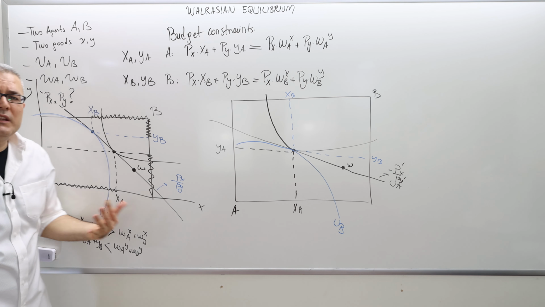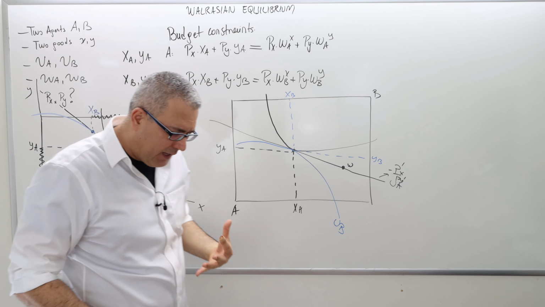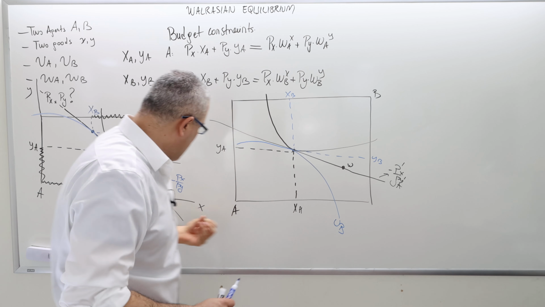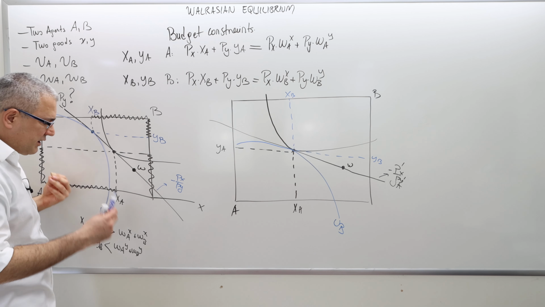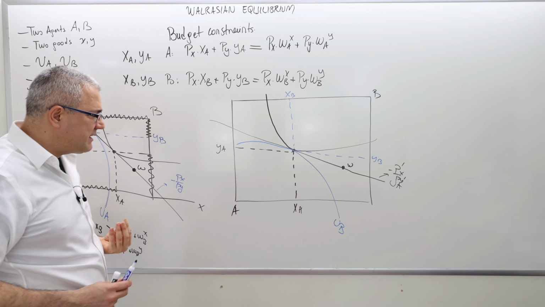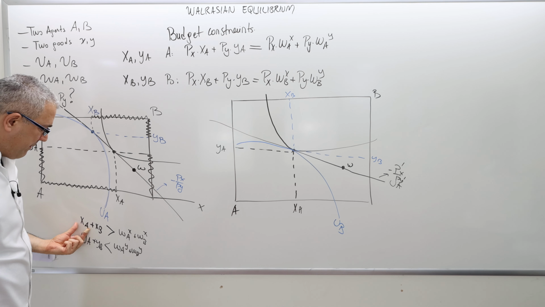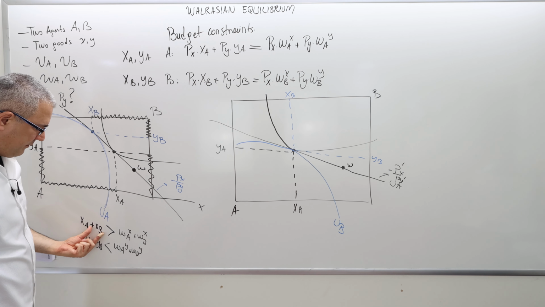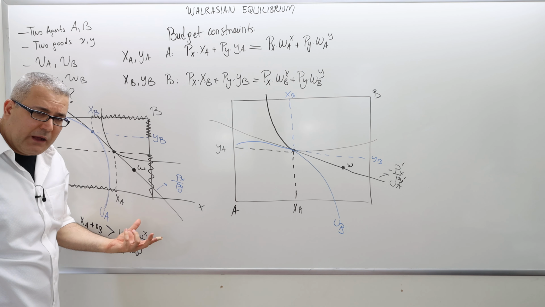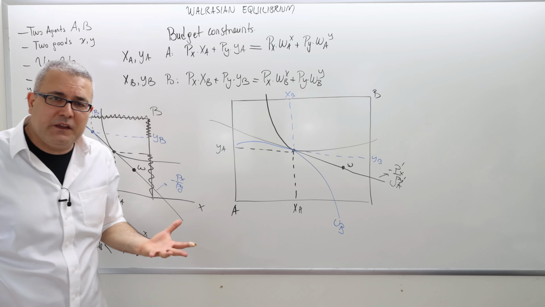So the markets will not clear. We assume that the agents are going to make a trade in such a way that the market will clear. What does that mean? It means you're demanding 5 apples, I'm demanding 5 apples, 10 apples in total, but what we have is only 2 apples. So clearly this is not feasible.